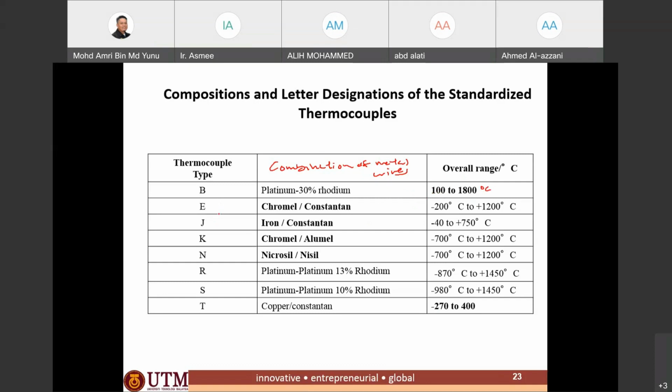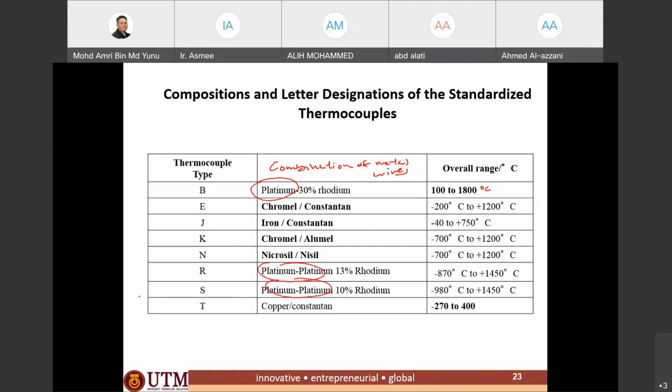And then there are other thermocouples here, like E, which is a combination of chromel constantan, J, iron constantan, K, chromel alumel, and the rest that we can see here. Platinum is a bit expensive, but if you can see here, by using platinum, the range can be extended.